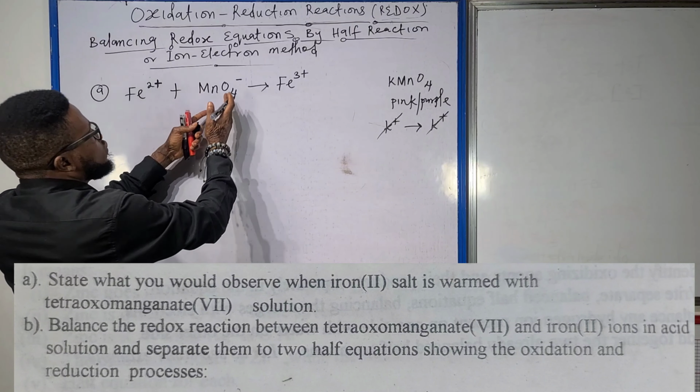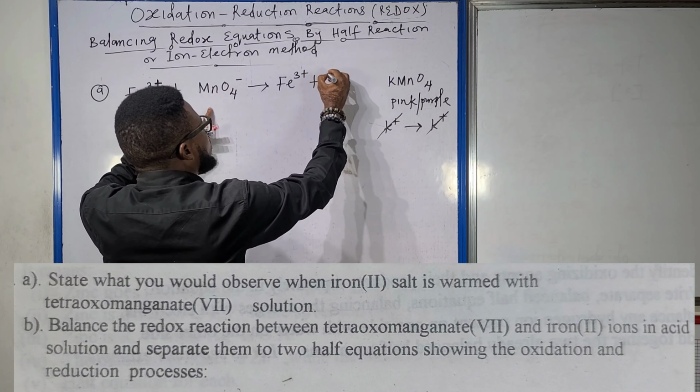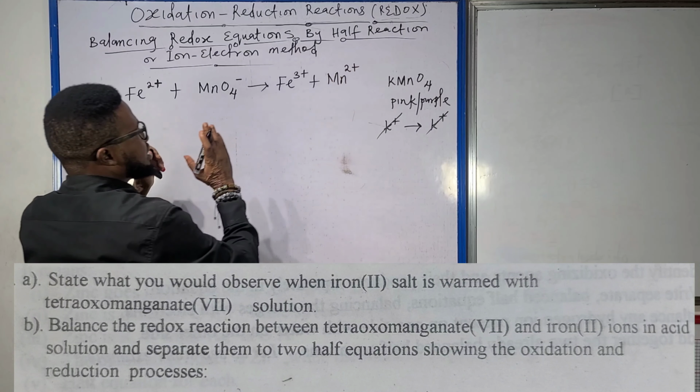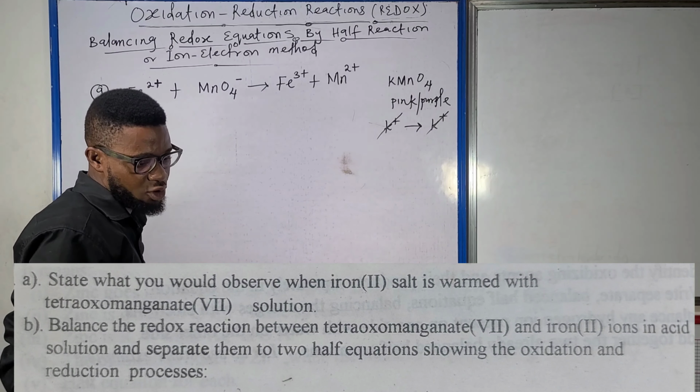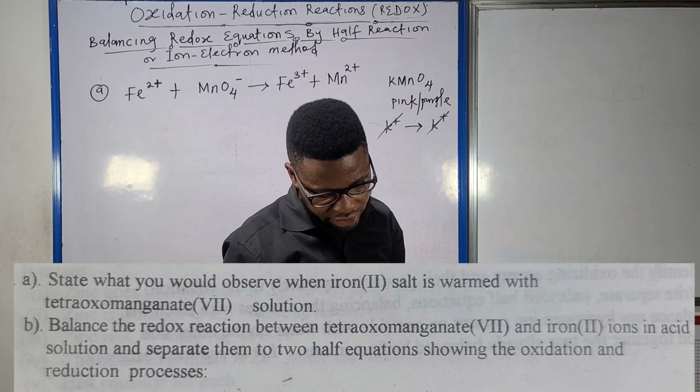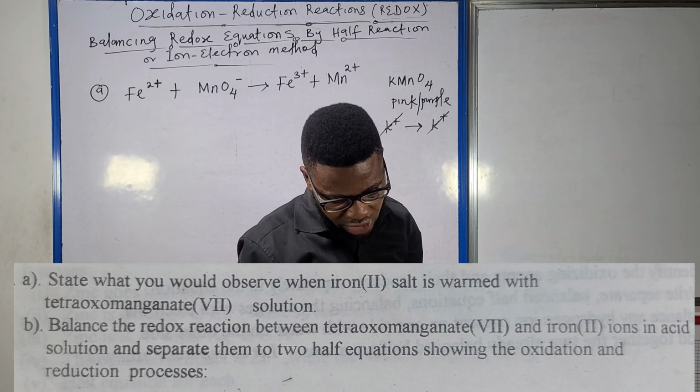So you're talking MnO4 minus, and that's going to end up with manganese 2 ion. That is the sequence.